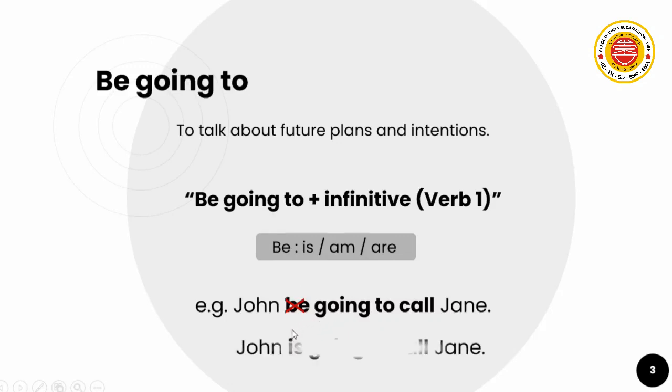But we have to write John is going to call Jane instead. Tapi sebaiknya kita harus menuliskan John is going to call Jane. Why is? Kenapa is? Karena John itu cuma satu orang atau satu laki-laki. So we have to use is.